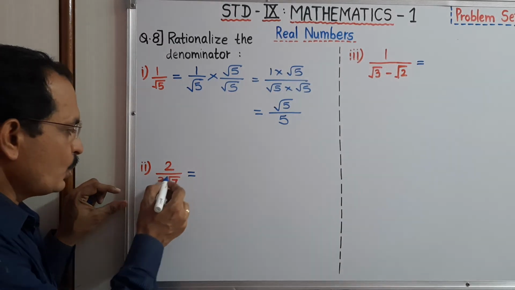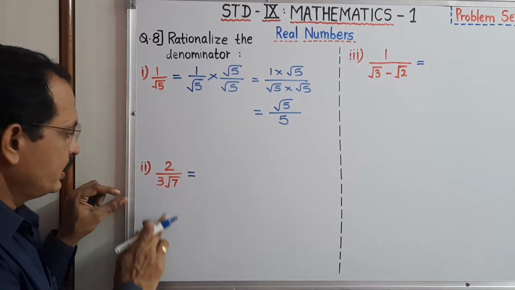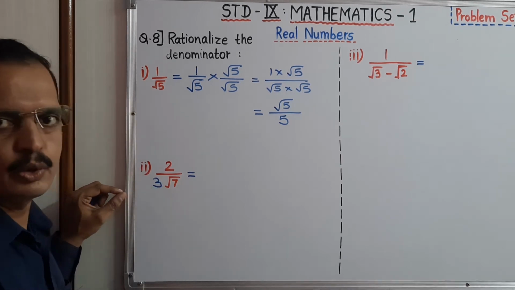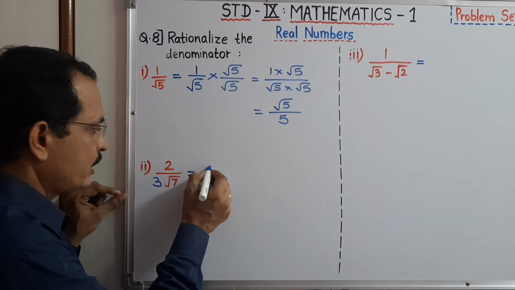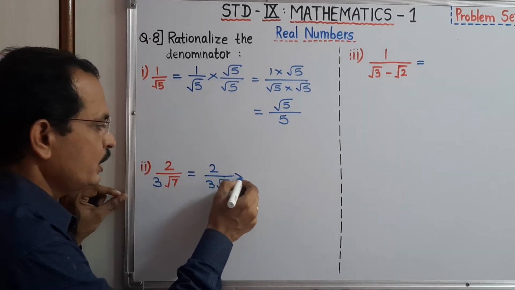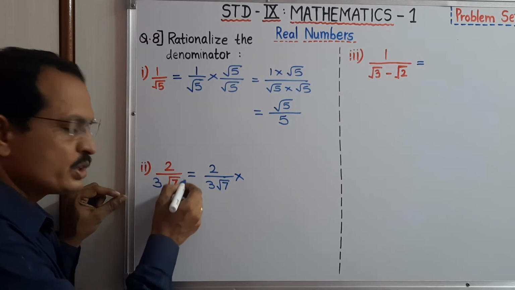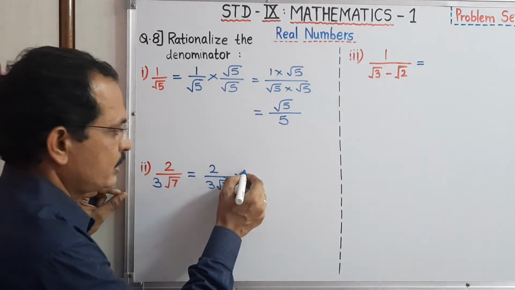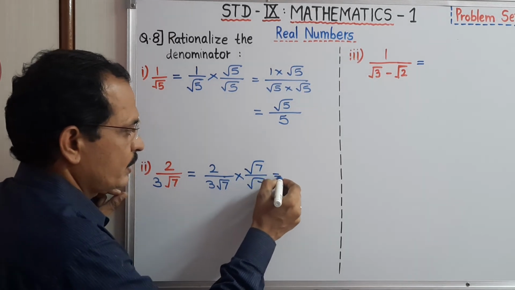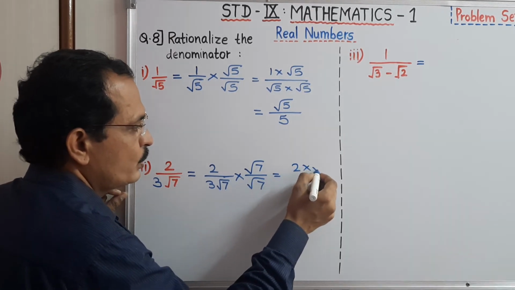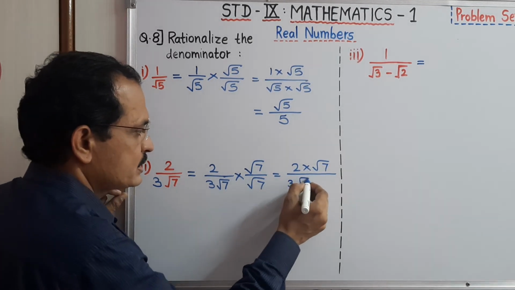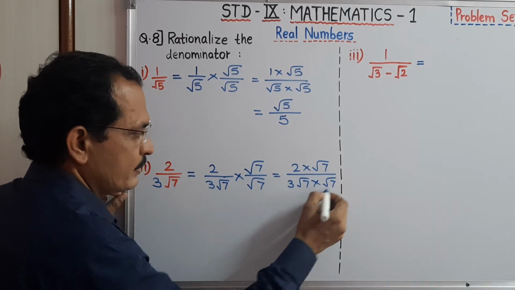Same for the second one. See here, 2 upon 3 root 7. Dear student, this 3 is not an order, it is another factor, 3 root 7. Therefore we write 2 upon 3 root 7 into root 7 upon root 7, as root 7 is the rationalizing factor. Therefore 2 into root 7 upon 3 root 7 into root 7.